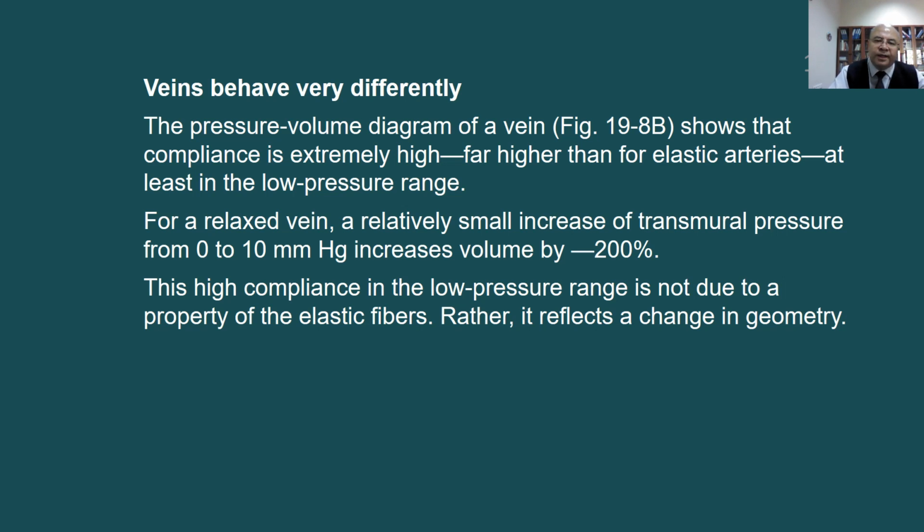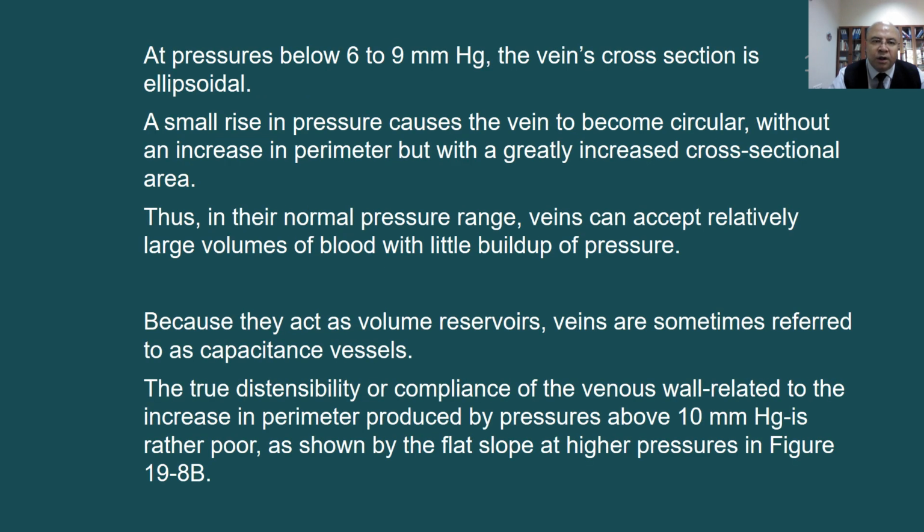For a relaxed vein, a relatively small increase of transmural pressure from 0 to 10 millimeter mercury increases the volume by 200%. So, this high compliance in the low pressure range is not due to a property of elastic fibers. Rather, it reflects a change in geometry. At pressures below 6 to 9 millimeter mercury, the vein's cross-section is ellipsoidal.